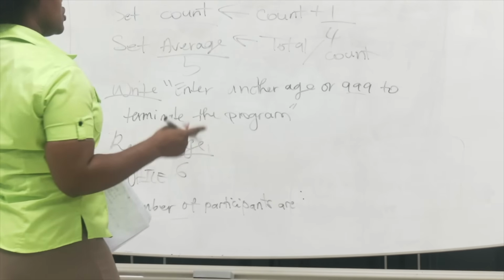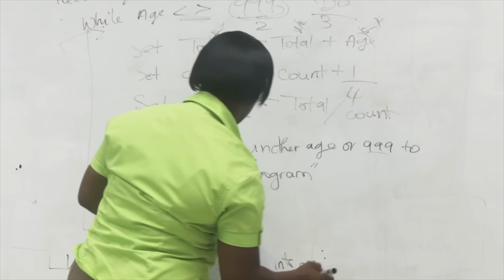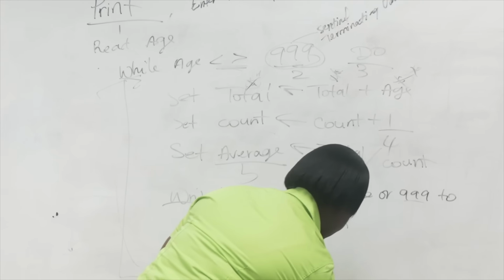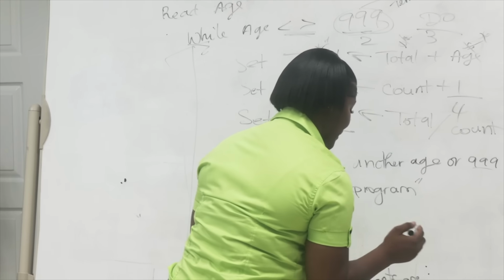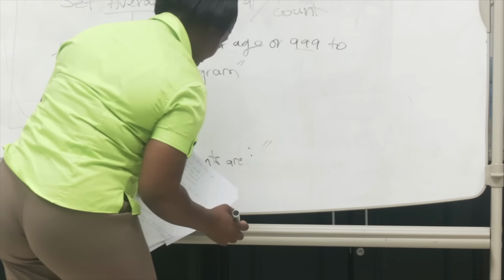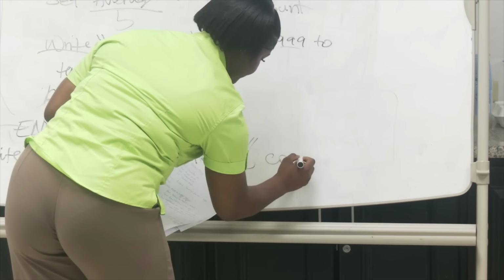So what am I going to output here? Count, right? Makes sense. So we say the number of participants are, close quotation, comma, count.